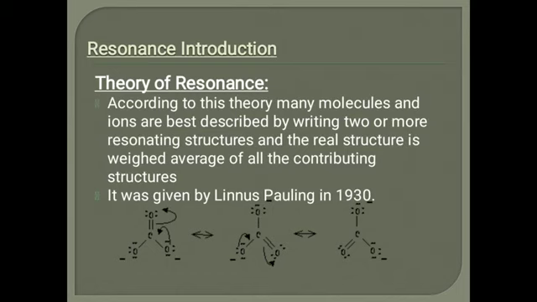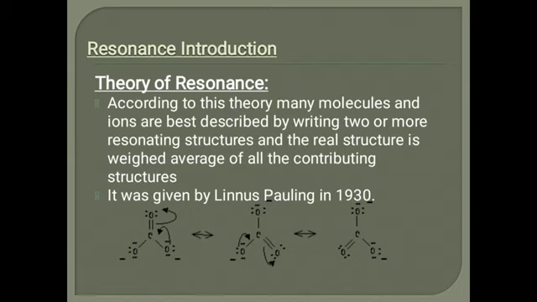The resonance contributing structures help us to understand them easily, and the real structure is the weighted average of all the structures, meaning the real structure has the properties or features or the composite of all the resonating contributing structures, and a single resonating contributing structure is not able to explain the original molecule.